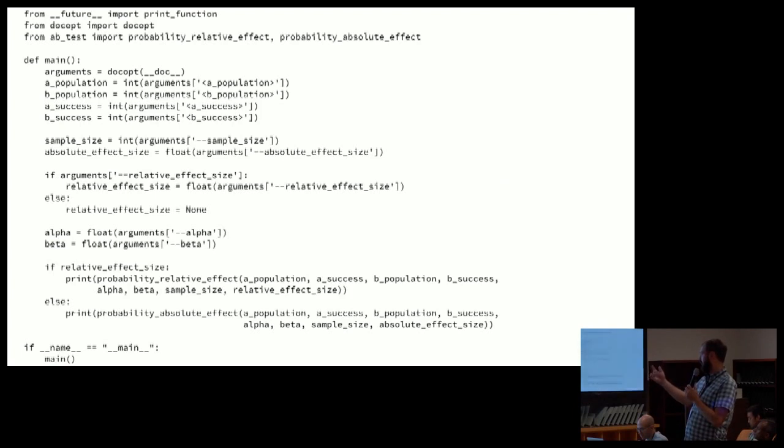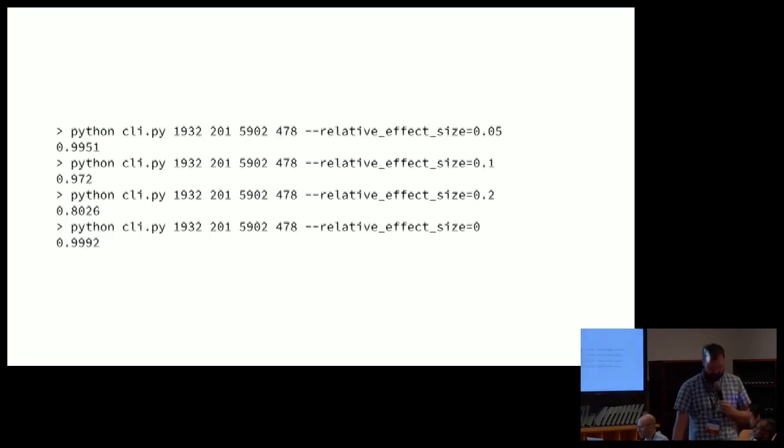We want to check if a relative or absolute effect was passed in, and if so, call the right thing, and then print out the result, and that's about it. So if we do that, now we have a CLI. We can call Python on our CLI and throw in the variables. I didn't put that doc string there at the top, but if you just called Python CLI, you'd get the doc string explaining how it works. So this is a bit cleaner.